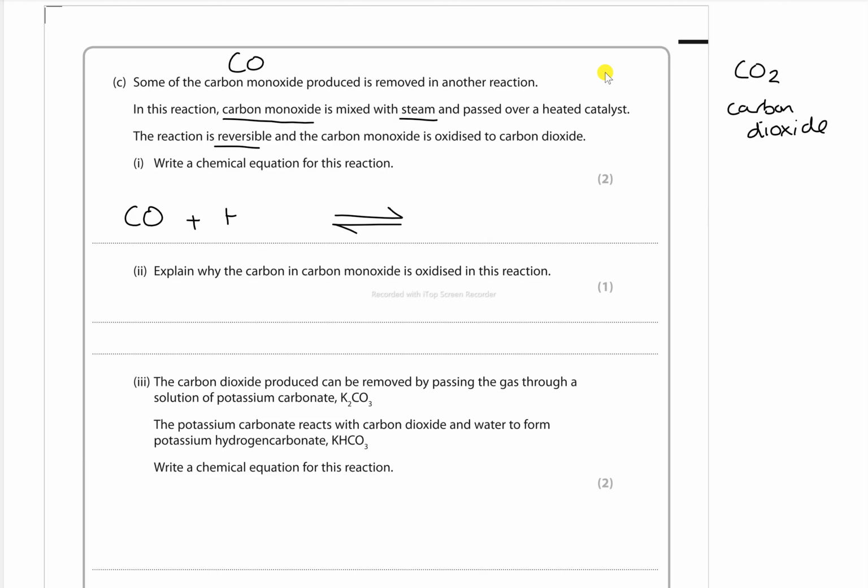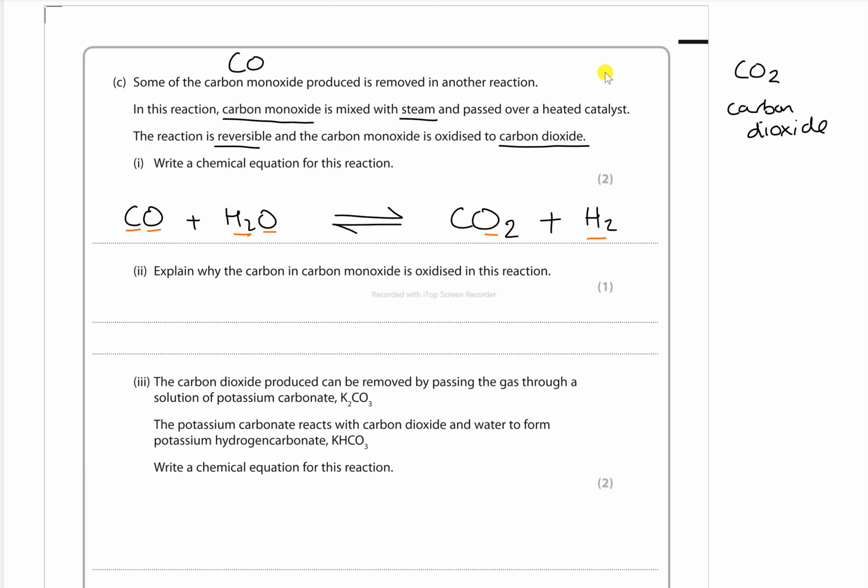So plus water will give, so carbon dioxide is produced, so we want CO2 plus something, because we've got hydrogen here, so that's what it looks like it's going to produce. And that's it.